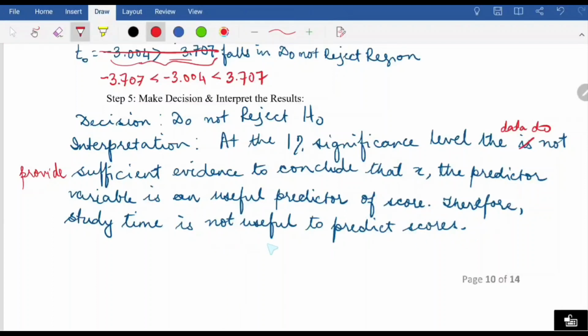Therefore, study time is not useful to predict scores. All right. So if it is do not reject, then the data do not provide sufficient evidence to conclude that whatever the alternate hypothesis is trying to state, right?